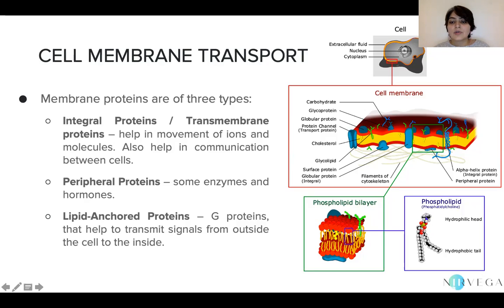Okay, so together all these three membrane proteins, they help in transport of signals and messages and molecules and ions across the cell membrane. If anyone is confused about what ions are, basically your sodium, potassium, calcium, chloride.